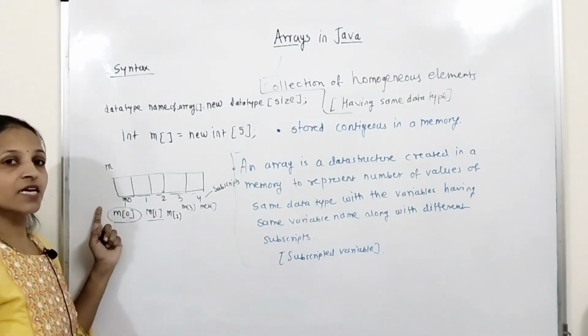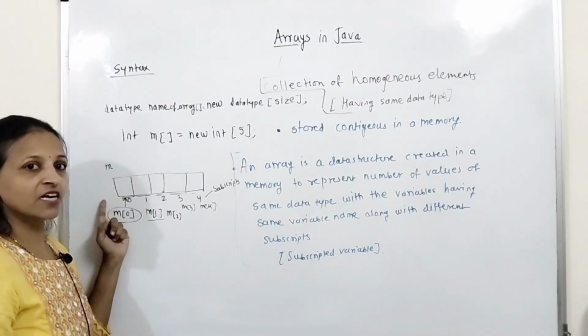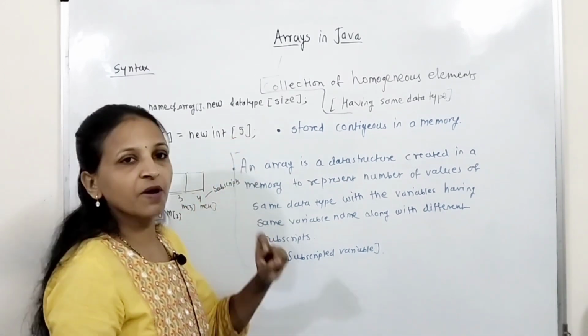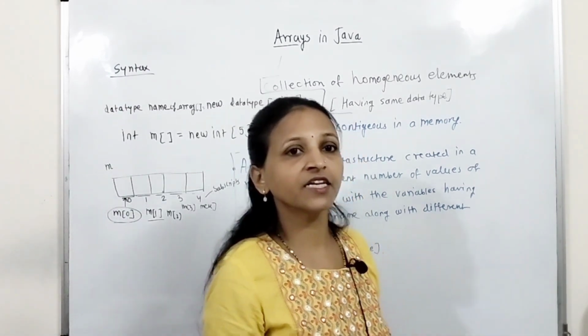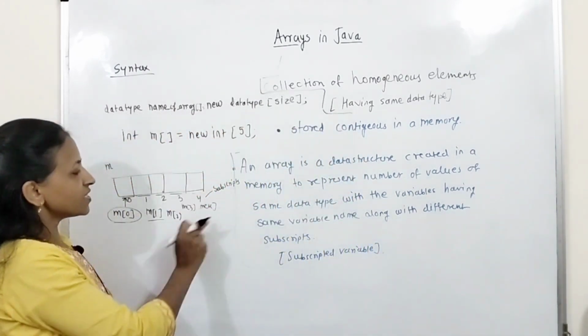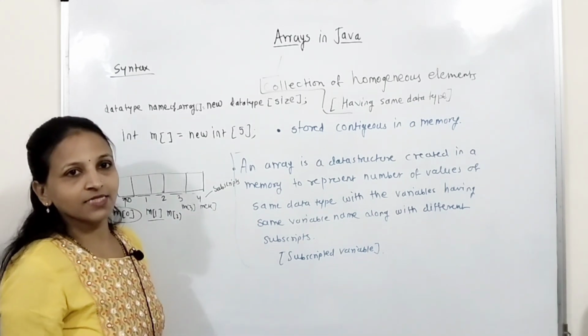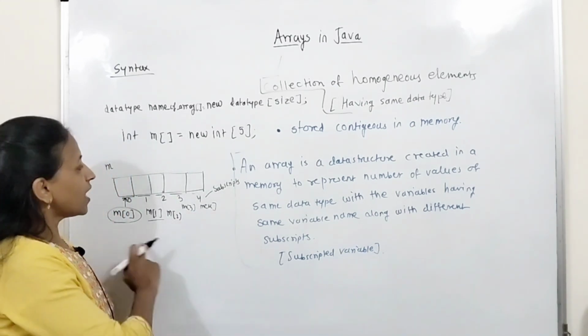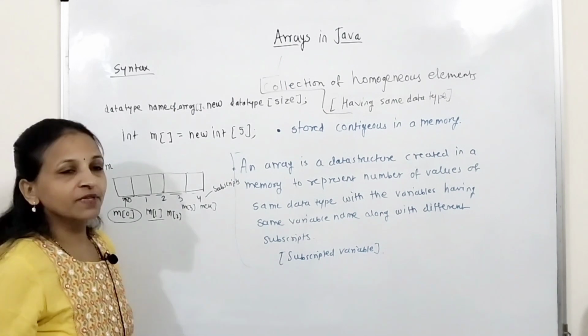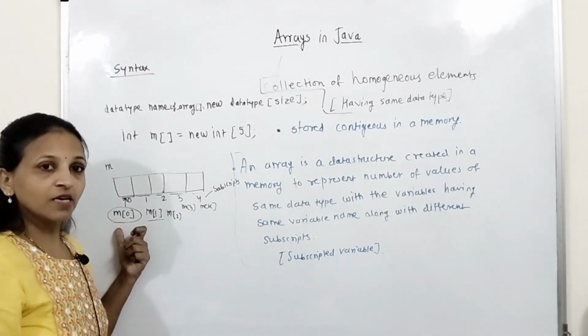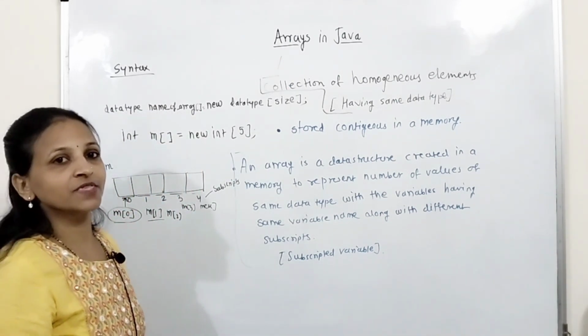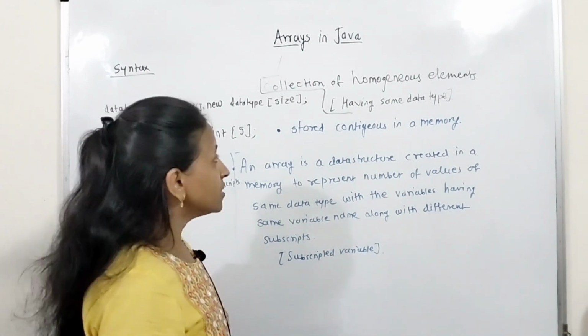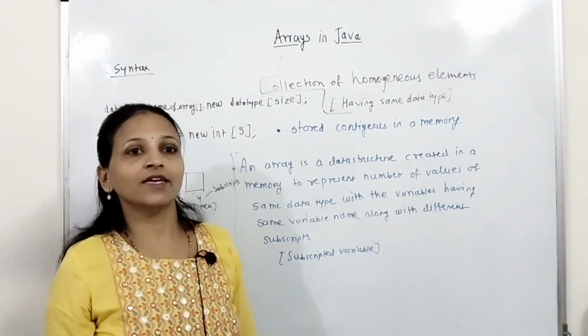Array index always starts with 0, ends with size minus 1. Of course we are starting from 0, that's why size minus 1 will be the last index. Getting? And now here we are using a subscript along with the variable name, that's why it is also called a subscripted variable. This is just the concept of an array.